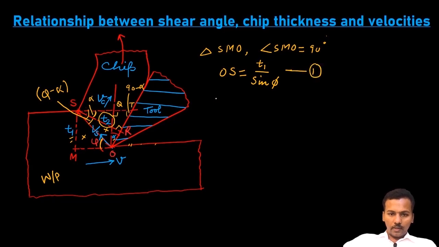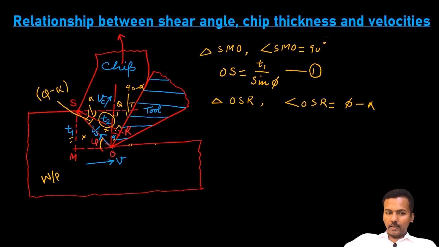Now in the second triangle, triangle OSR, as we know, angle OSR equals phi minus alpha. Now between OS and T2, T2 is the baseline and this is phi minus alpha.